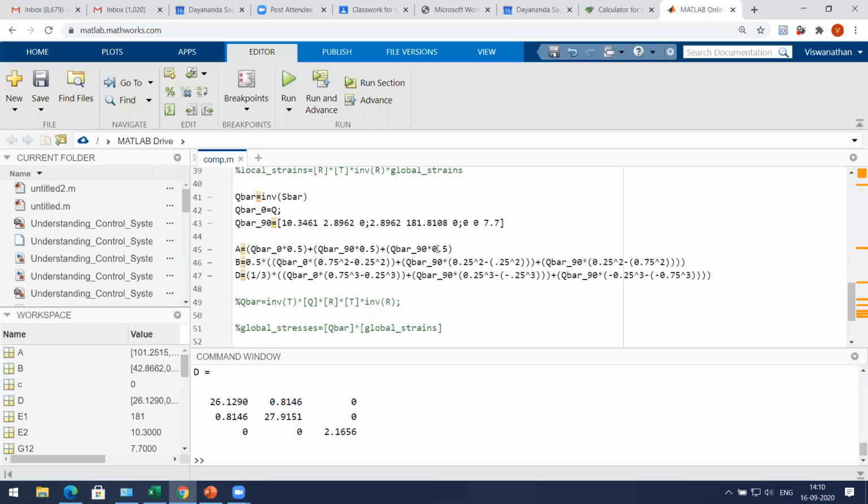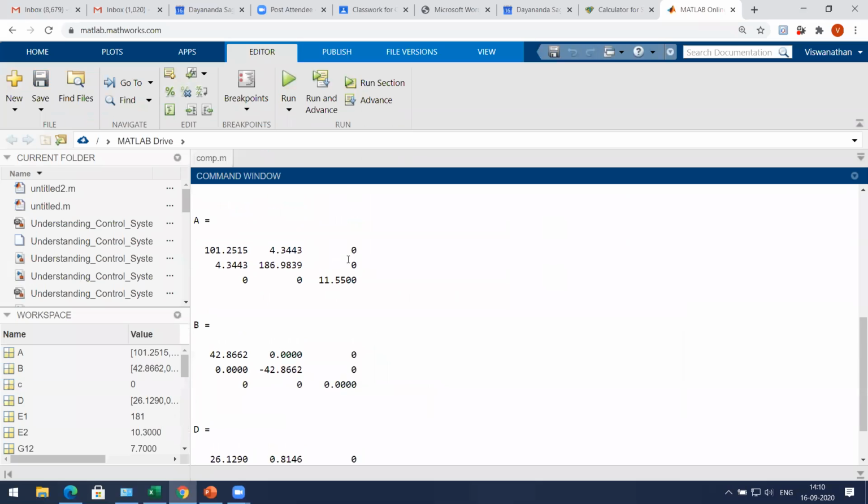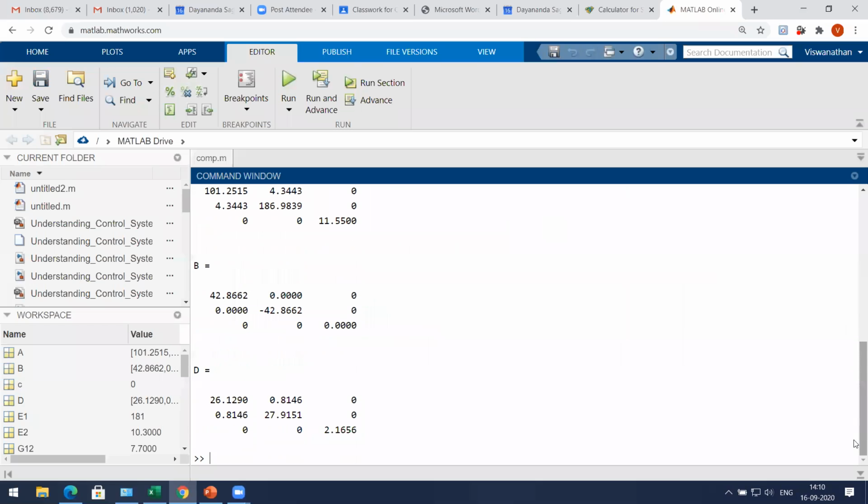So it is giving the ABD matrix. As we expected, since we use the cross-ply laminate, A16 and A26 are 0, but the B matrix is not 0 because it's not a symmetric laminate. 0/90/0/90 is not symmetric. And D16 and D26 are 0 because it's a cross-ply laminate.